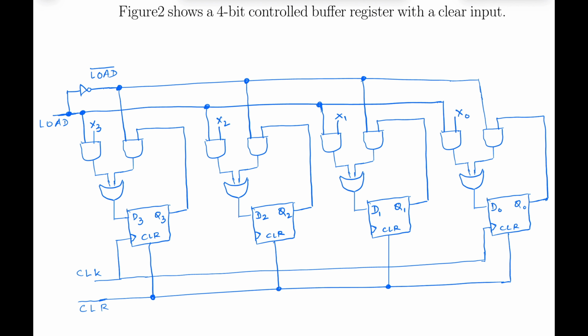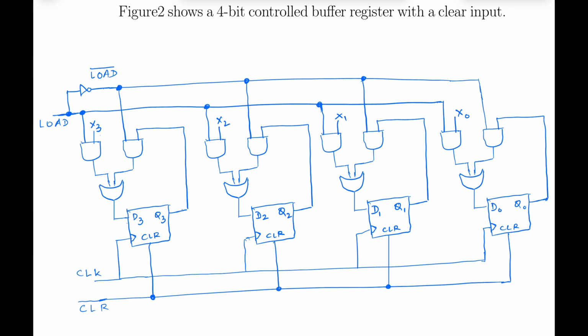See that all the D flip-flops are positive edge triggered. That means when the positive edge of the clock pulse hits the D flip-flops, the input will be transferred to the output. What are the inputs?